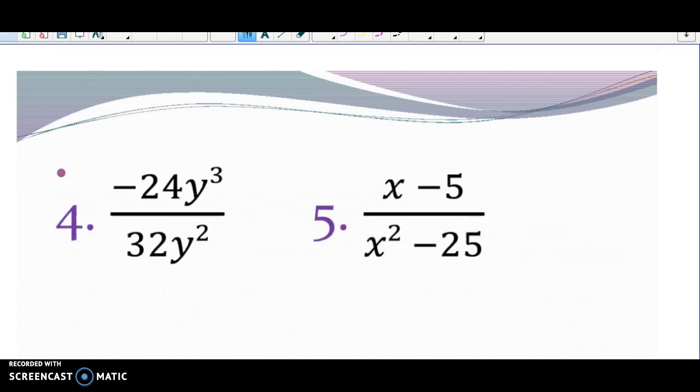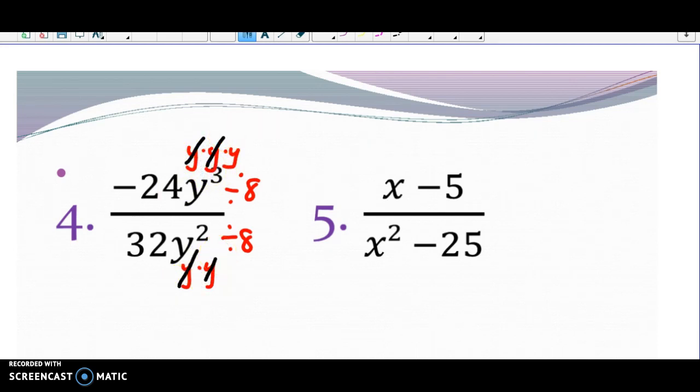And number 4, I don't have any addition or subtraction going on, so I don't need to factor, but I can cancel any common factors. So 24 and 32 can both be divided by 8. And y cubed can be divided by y squared. So if I have 3 y's in my numerator and 2 in my denominator, then 2 of these will cancel with 2 of these.